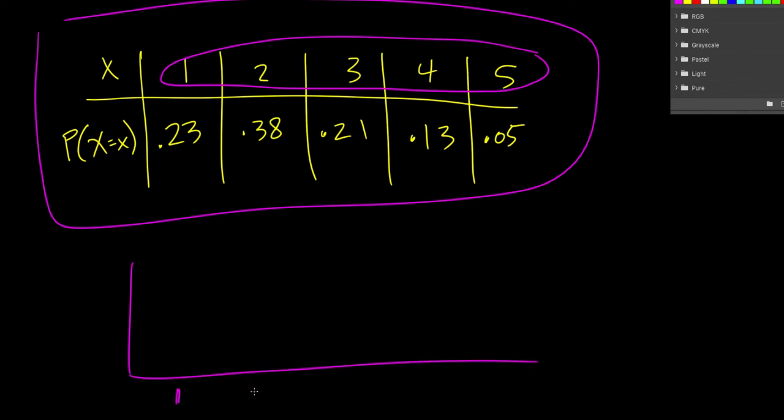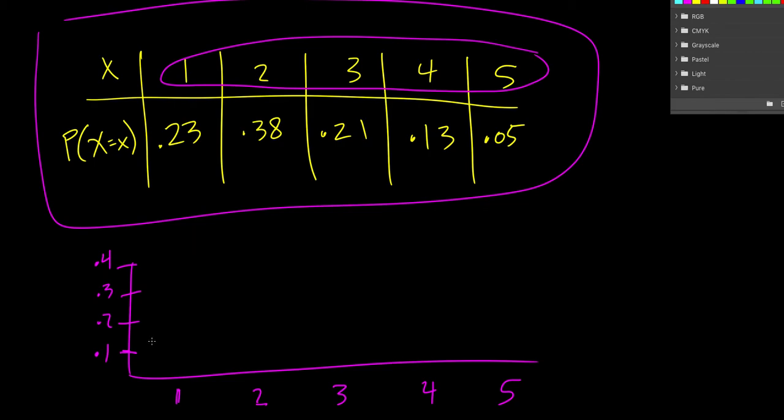So 1, 2, 3, 4, 5 are the X values. And then we're going to have like 0.1, 0.2, 0.3, and we almost get up to 0.4. So we'll go that high.